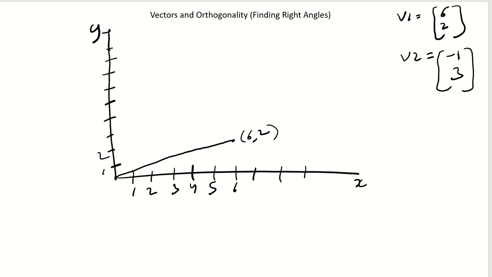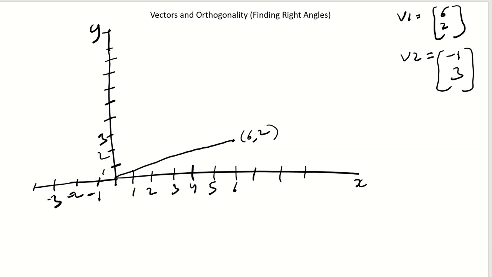Then we have -1 and 3. So -1 would be, I'll just extend this line here, this one, and then we have 3, and 3 would be here.